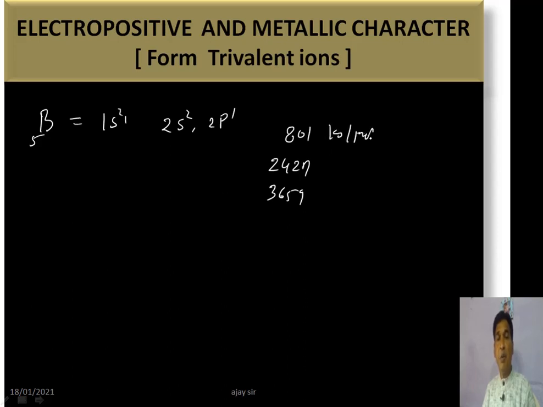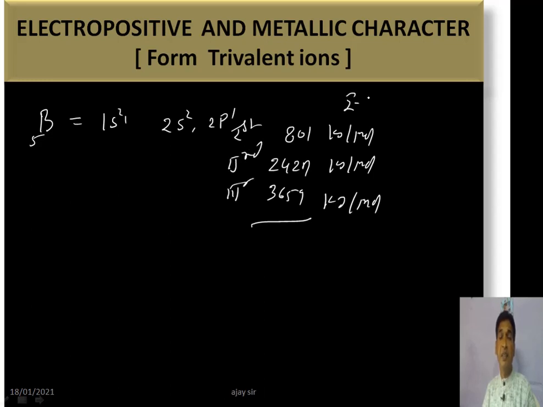It means the energy required for the ejection of the 3 electrons from boron, the sum of the first, second and third ionization enthalpies, is a very large value. Then boron generally forms covalent compounds, because the lattice enthalpy and hydration enthalpy of boron do not provide sufficient value for the ejection of the electrons from the outer shell. Boron's nature is non-metallic.